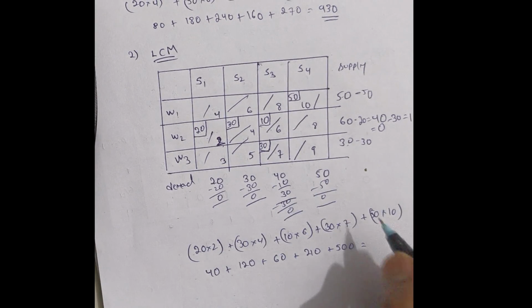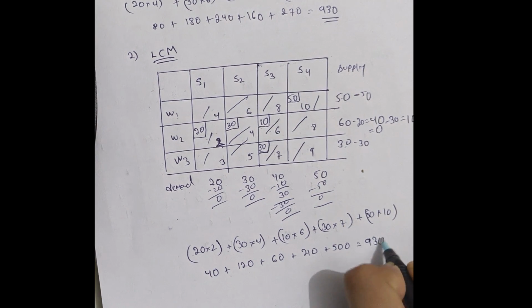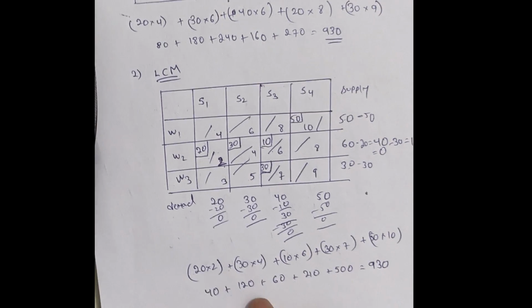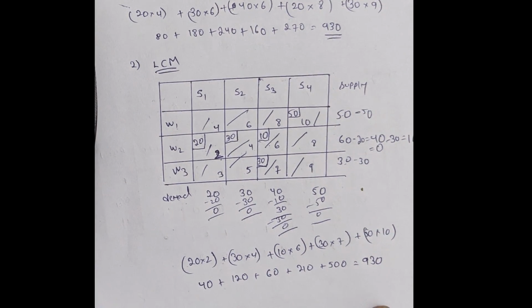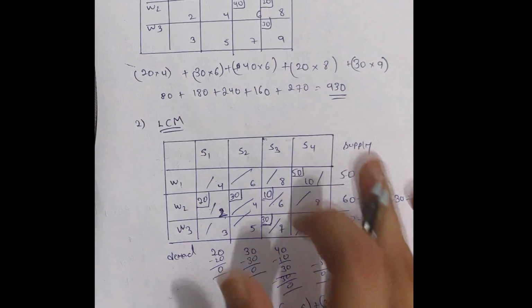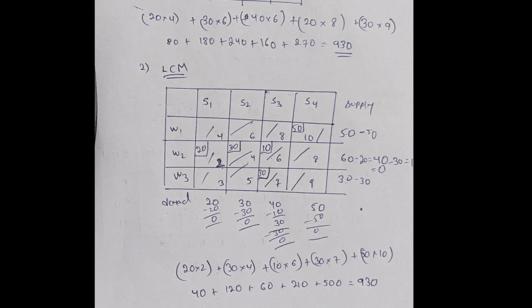See, if you check, after adding this, we will get the value as 930. Okay, after doing the LCM method, we got the initial feasible solution as 930. Listen guys, here these two are equal, but it is not necessary that in both methods the initial basic feasible solution should be equal. Okay, it may vary from method to method.